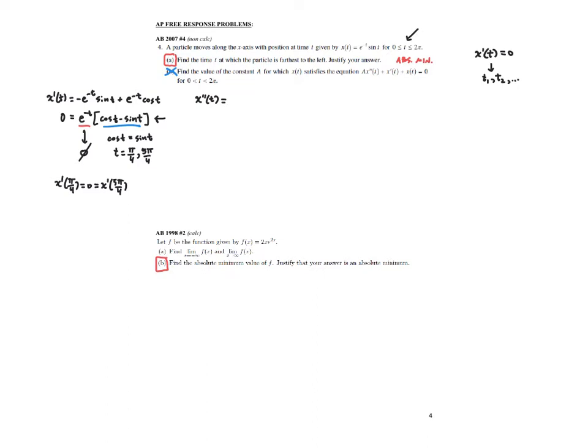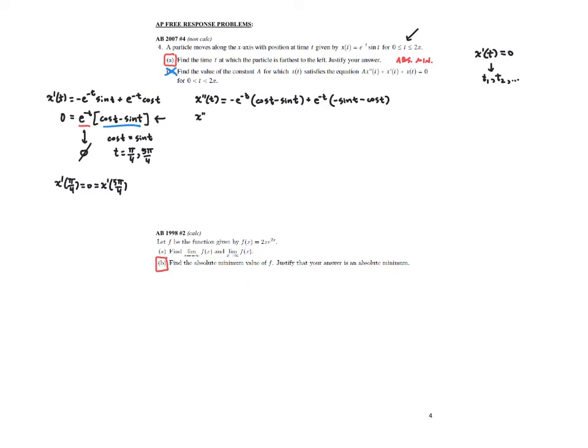The derivative of e to the negative t is negative e to the negative t, and I'm going to leave cosine of t minus sine of t alone. Plus, I'm going to leave negative e to the negative t alone and take the derivative of cosine of t minus sine of t, which will be negative sine of t minus cosine of t.